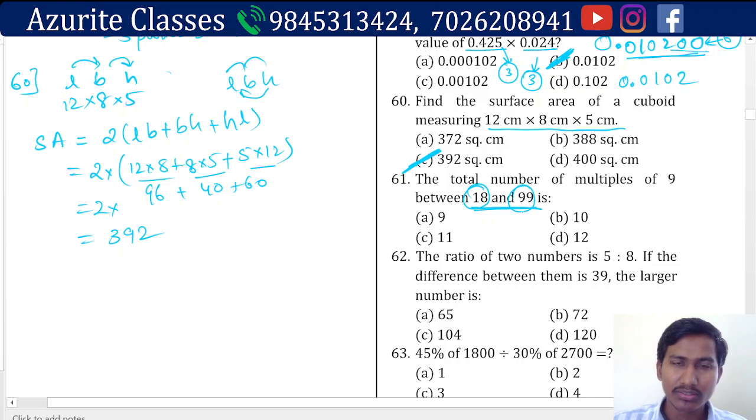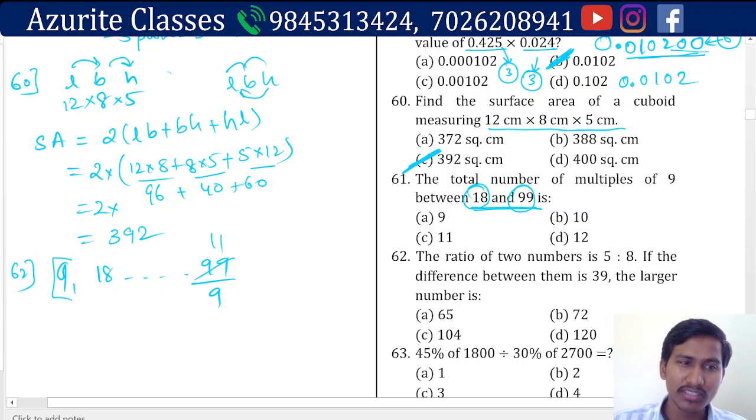So 9 ones are 9, after that 9 twos are 18 will come, like that till 99. If you divide by 9, 9 11s are 99, so 11 will come in all. But 9 is not there, so from 11, if you minus 1, it will be 10. So 10 is the answer, option B. Okay, 61 is answer B.